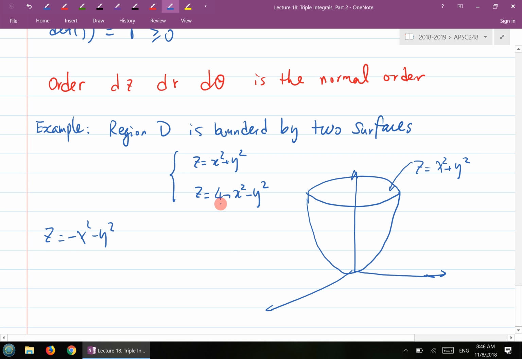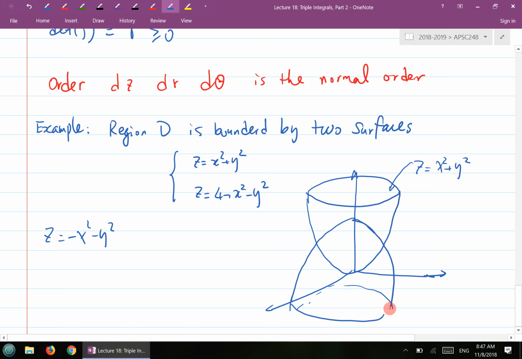And now you have another 4. What does that mean? Basically, you shift this whole thing upwards by 4 units in the z-axis direction. So overall, you get another paraboloid, but this time it points downwards.